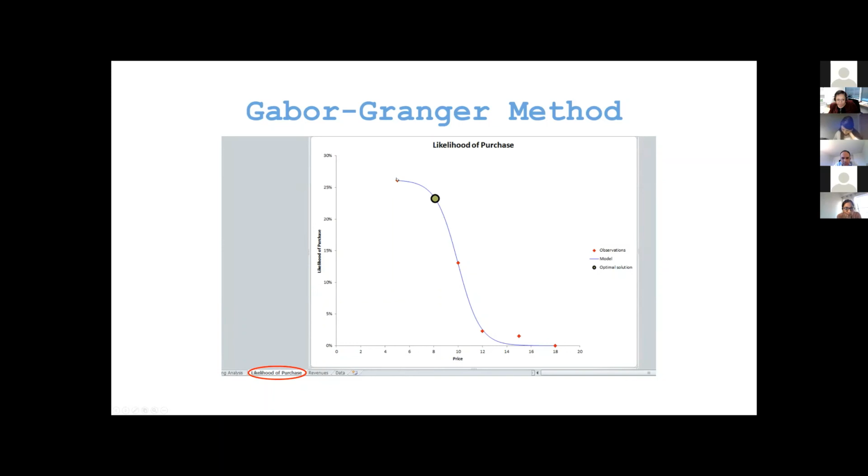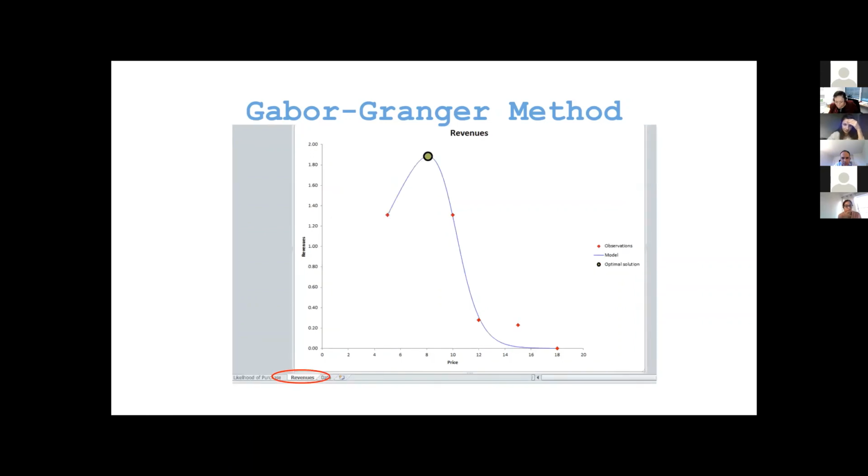So in this example, if you have 26% that you think would likely purchase at $5, if you multiply 26% times $5, that gives you the average revenue per person you're likely to get. And 26 times 5 is approximately $1.30 something, which is right here.